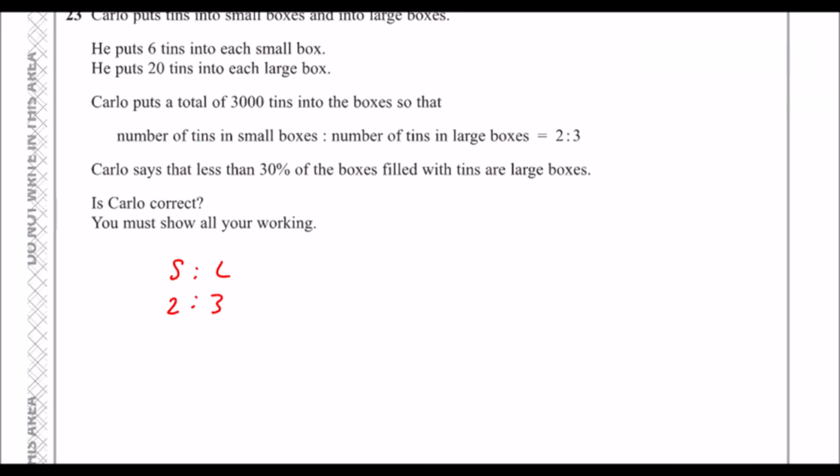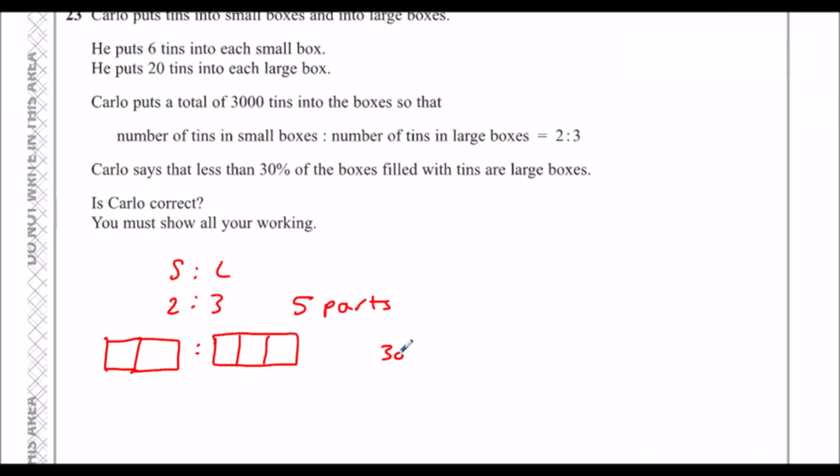So 3,000 tins in the boxes. The ratio of tins in small boxes to tins in large boxes is 2 to 3. So let's share out these 3,000 tins. So we've got 5 parts. So 2 parts small boxes, 3 parts large boxes, and we want 3,000 tins.